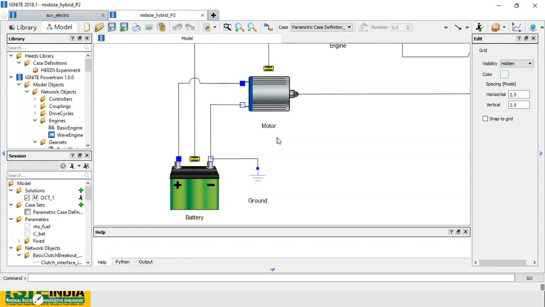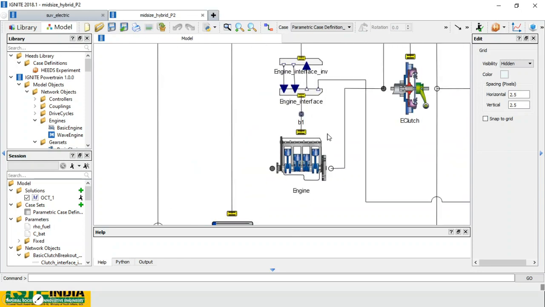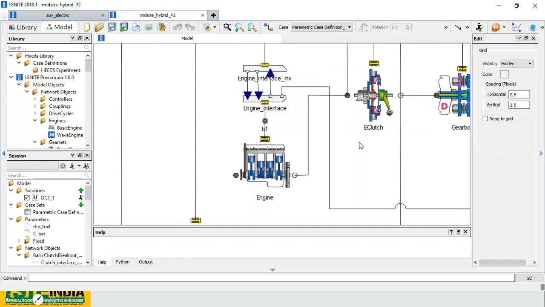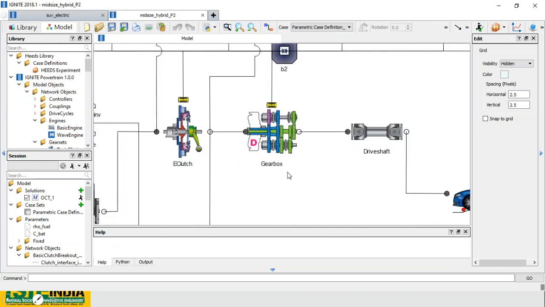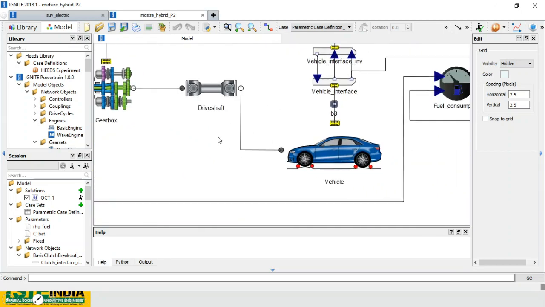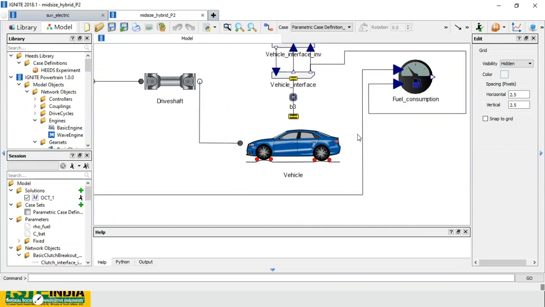right? Then we have the engine which is powering the clutch system, then the clutch goes to the gearbox, then it goes to the drive shaft, and at last it reaches the vehicle. Okay, so this was all about the mid-size hybrid, and how the power reaches all the wheels, and this is how the whole car works for the hybrid vehicle.